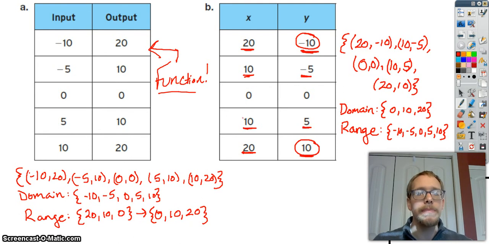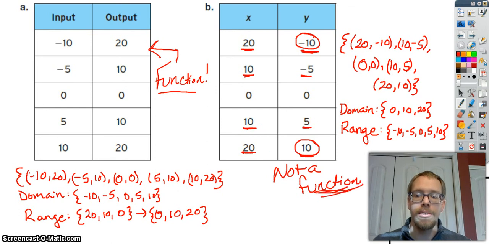Again, same input value associated with 2 different output values. So 2 domain values are associated with 2 different range values. This is not a function. A function associates each domain value with one and only one range value. And unfortunately here we have domain values associated with different range values or output values.